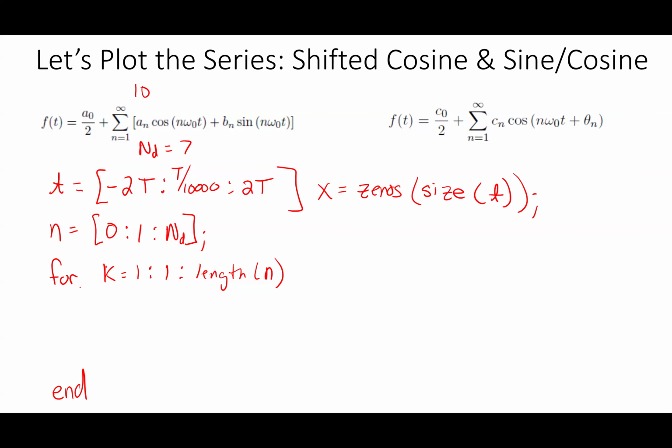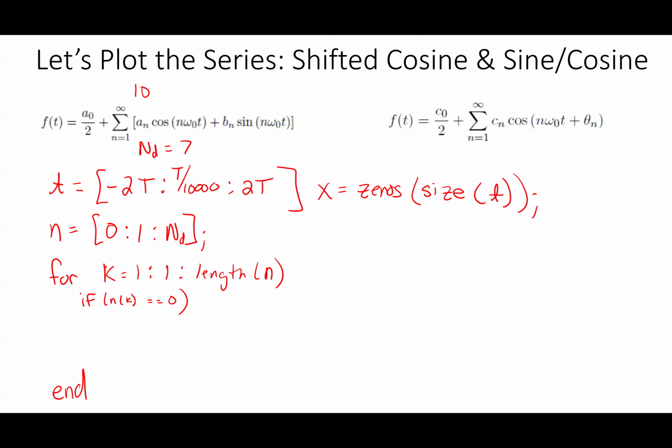Make sure I'm writing this consistent with the way I did this. All right. The way I did this is I said, well, if n of k equals 0, what is that? If n of k equals 0, that's my way of figuring out am I at the DC term?